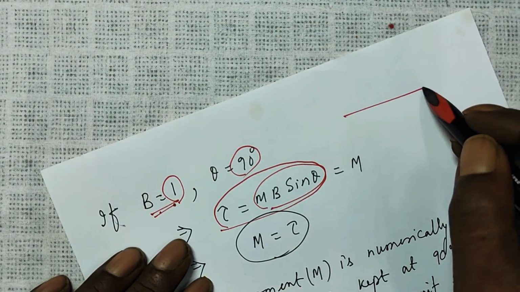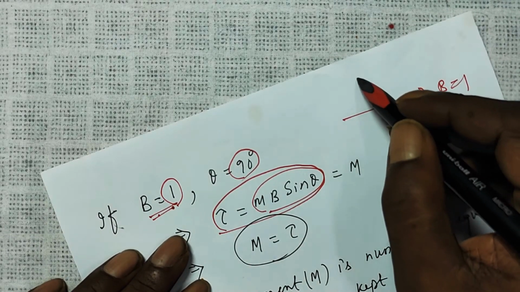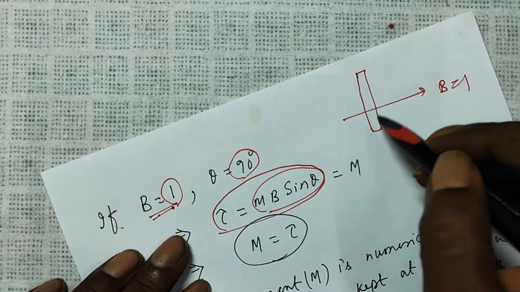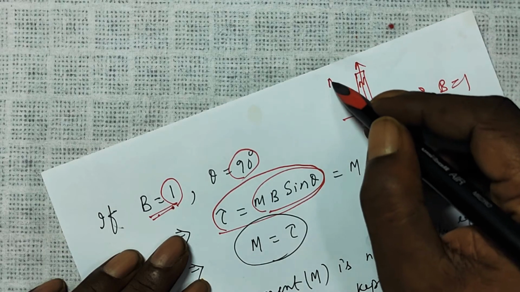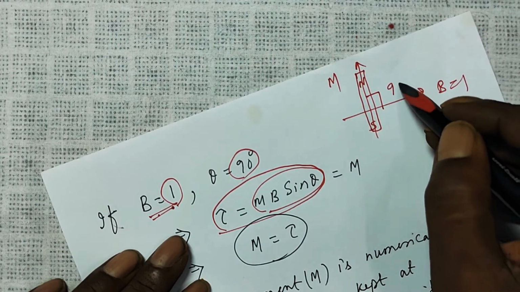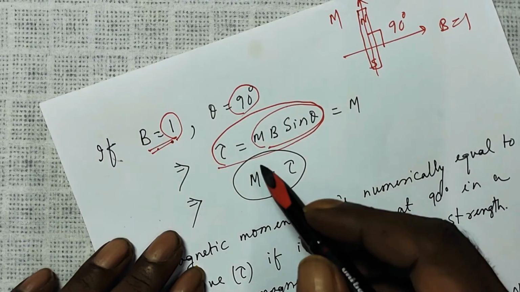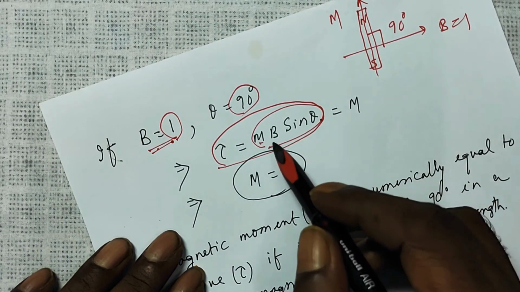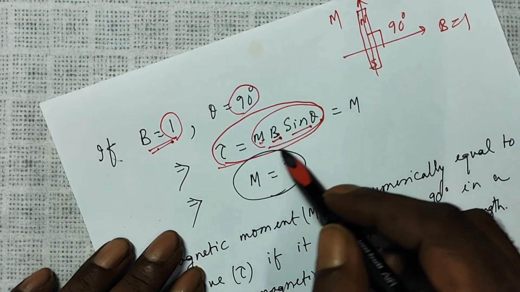Means, to this side your B is of unit strength and the magnet is kept like this, south, north. So the magnetic moment is this way. Angle between them is 90 degrees. Such a situation. So your torque will be MB sine theta. B is unity, so M into 1 is M. Sine 90 is 1. So tau is equal to M.